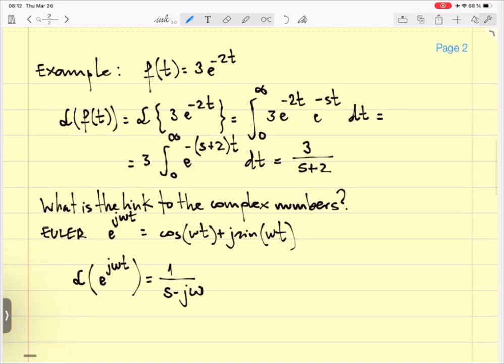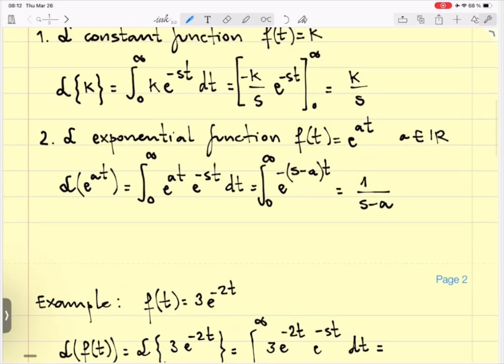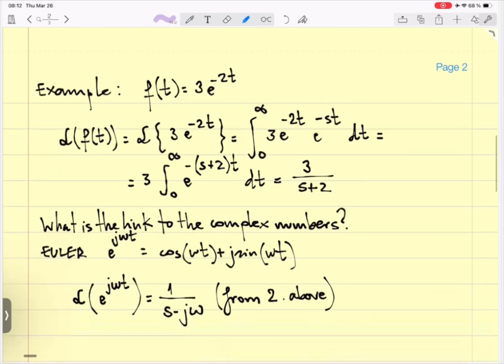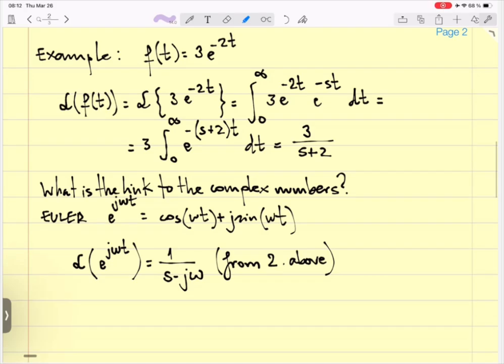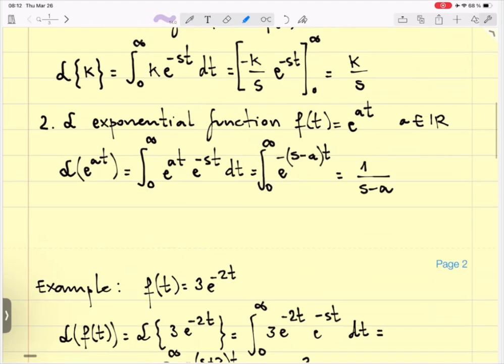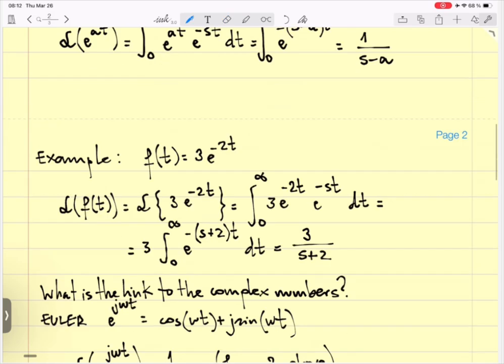In the second case above, we saw the exponential, so if we put here a is j omega, it's the same. So I guess a doesn't need to be real. It can be any number.